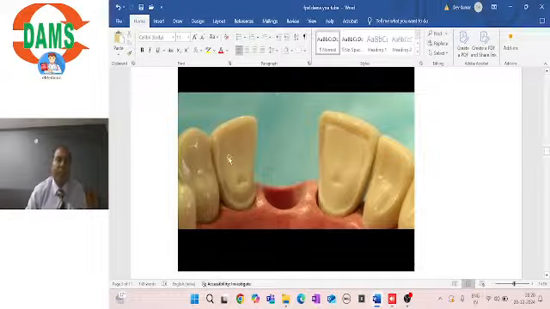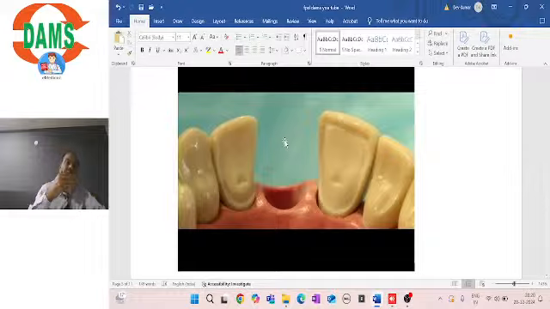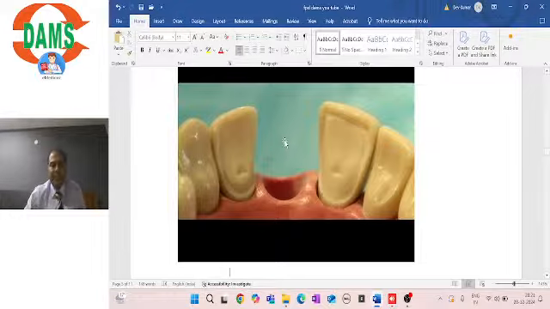One more thing is that because these are very thin teeth, from the labial aspect it may cause graying of incisors. The graying effect of the metal can be observed by an observer, so it is a disadvantage.